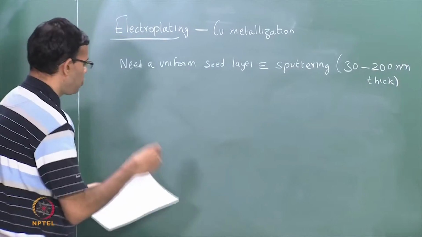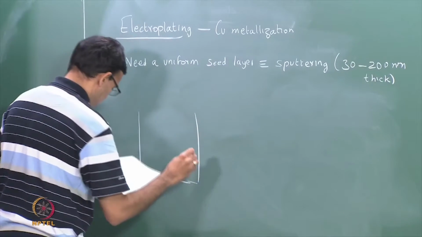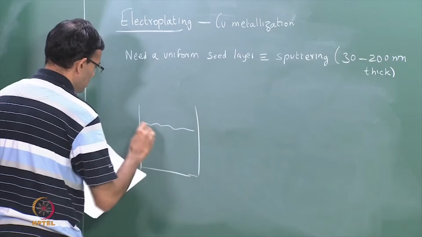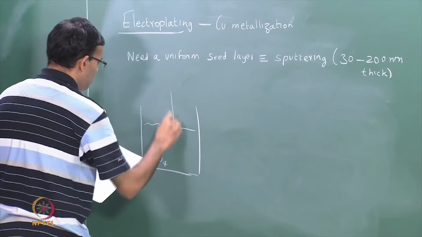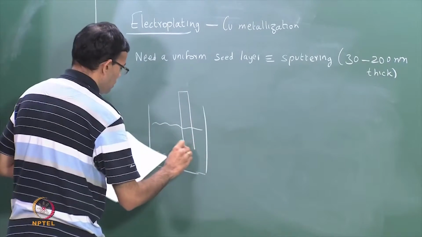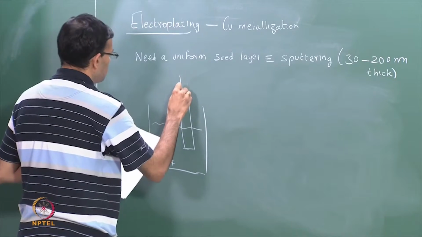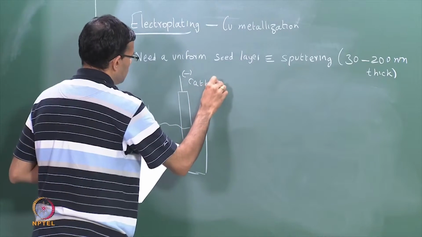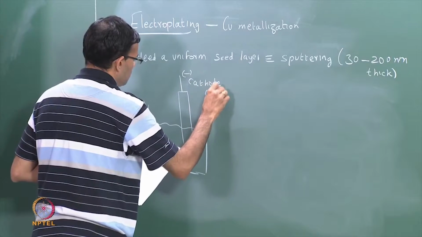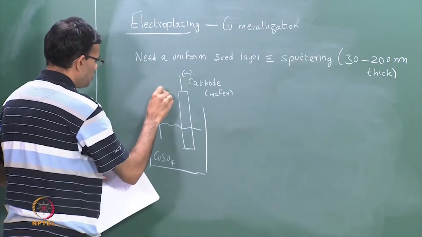So, in the case of electroplating, the wafer is taken in a bath. It is a bath of copper sulphate. The wafer forms the cathode, and there is also an anode, which is your counter electrode.